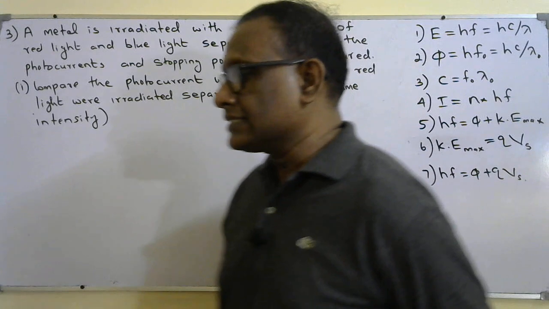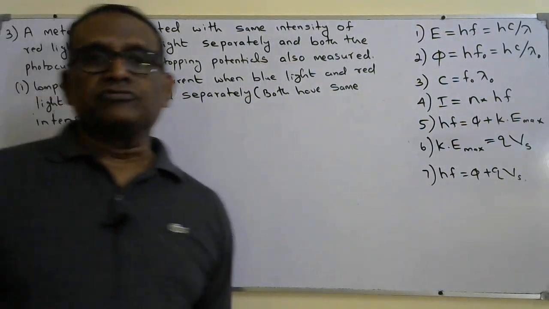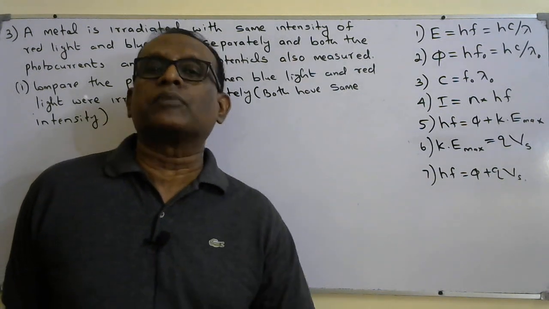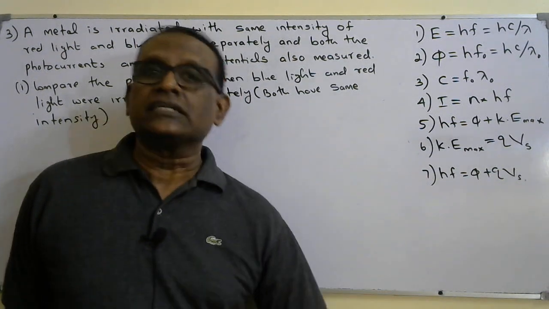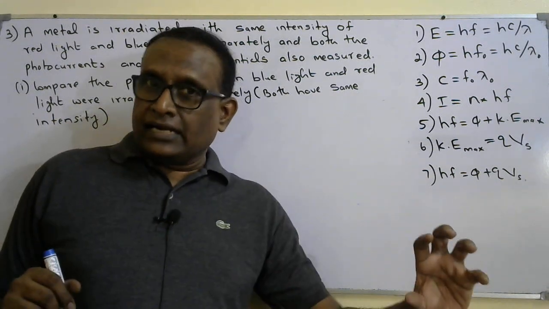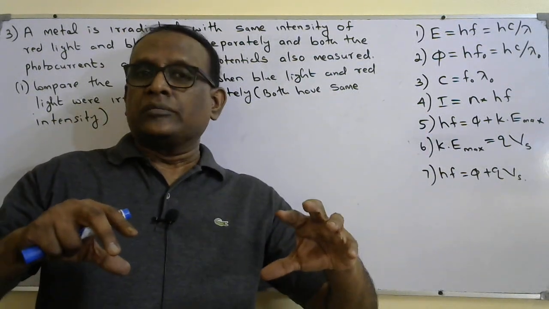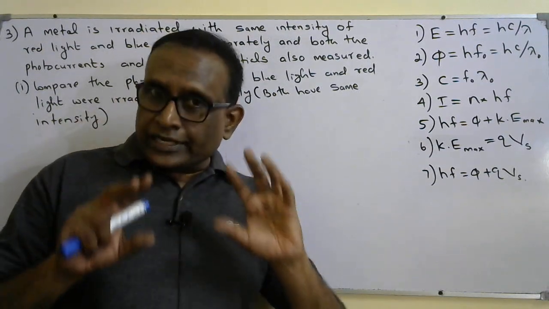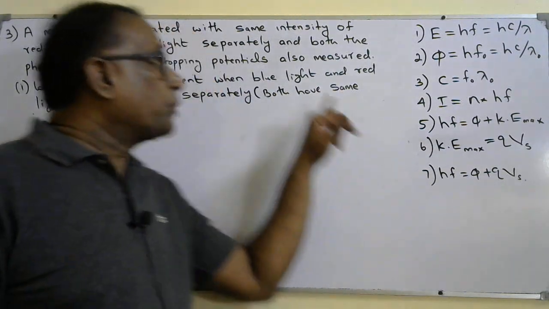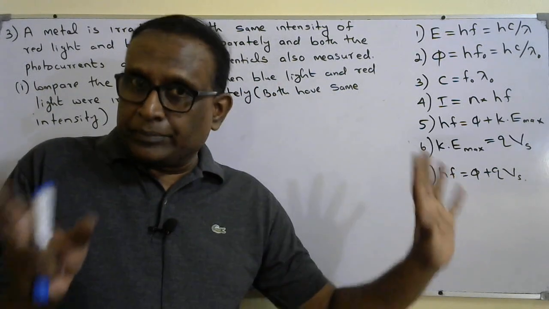Both have the same intensity. Photocurrent means rate of flow of photoelectrons. Higher the number of photoelectrons, greater the photocurrent. Both blue and red lights were irradiated on the metal separately during each experiment.